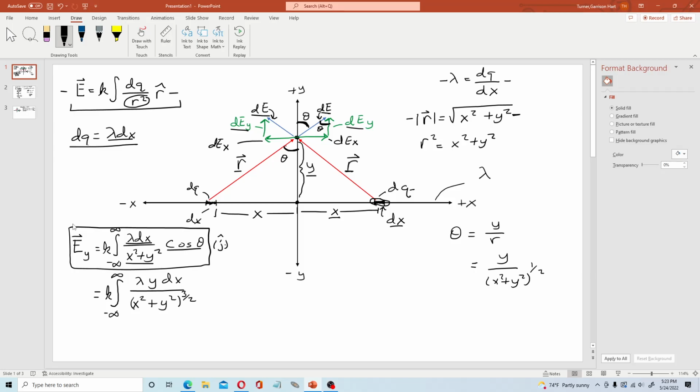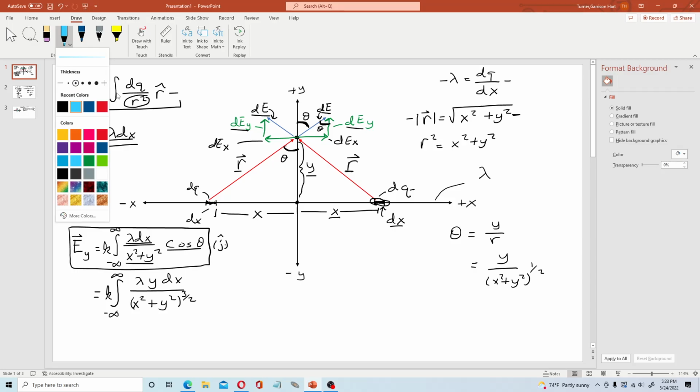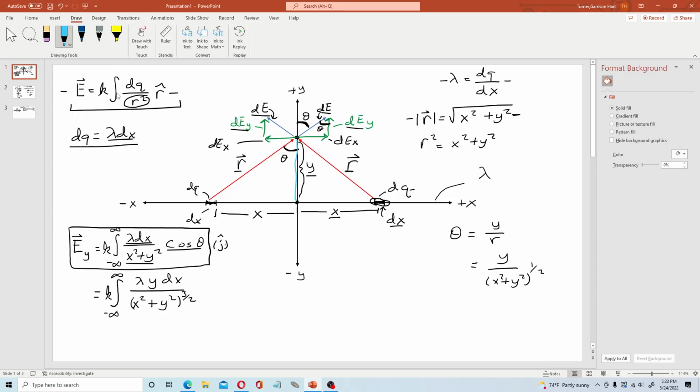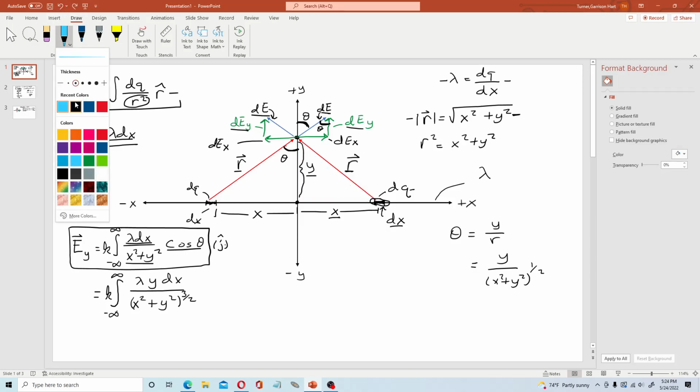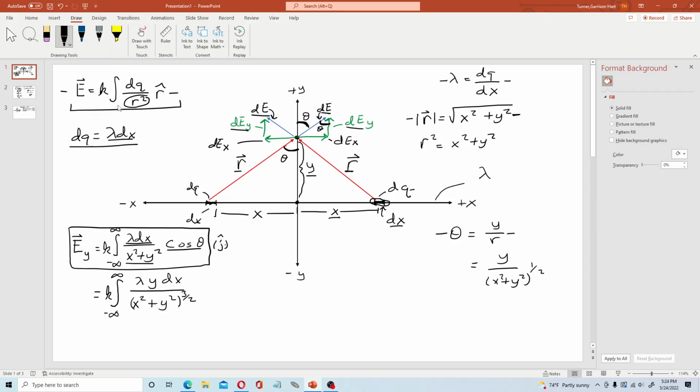Now, this is all well and good. And one thing to note, remember that cosine of theta in terms of this triangle, sorry for the sloppy artwork, imagine those are straight lines. In terms of that triangle, cosine of theta is going to be y over r. Okay, and so cosine of theta is y over r, or that is going to be y over x squared plus y squared to the 1/2.